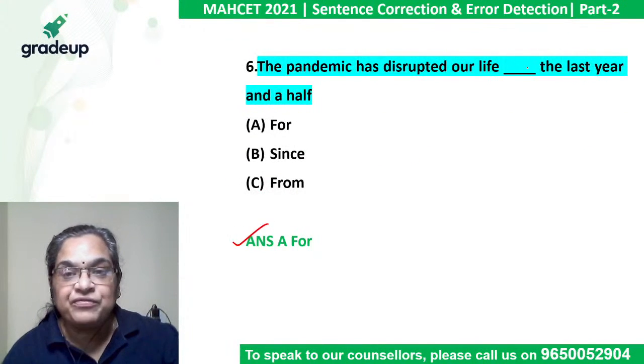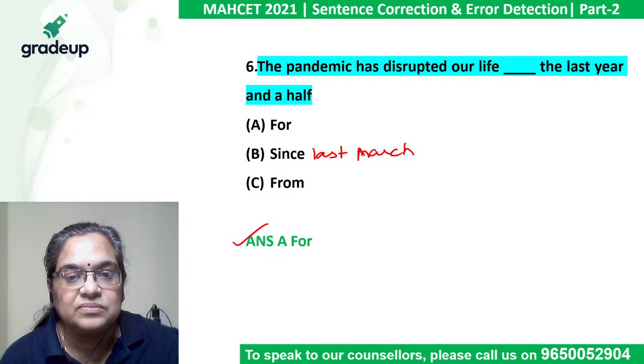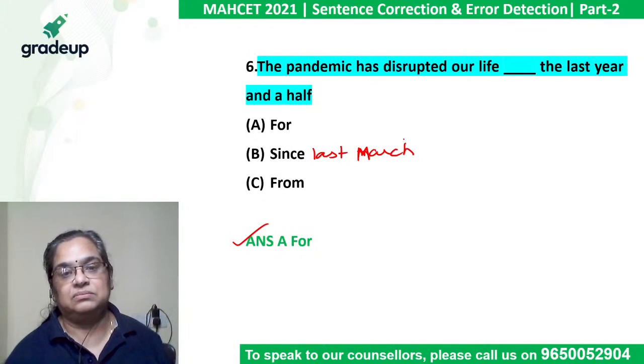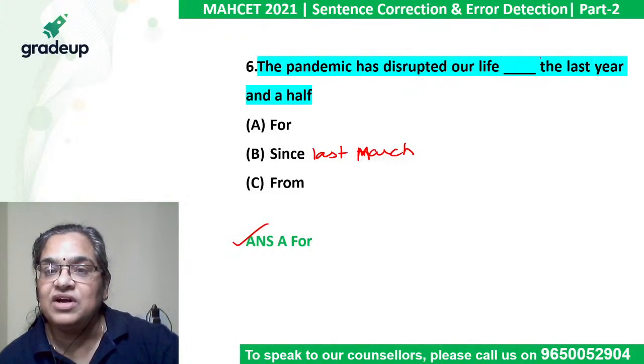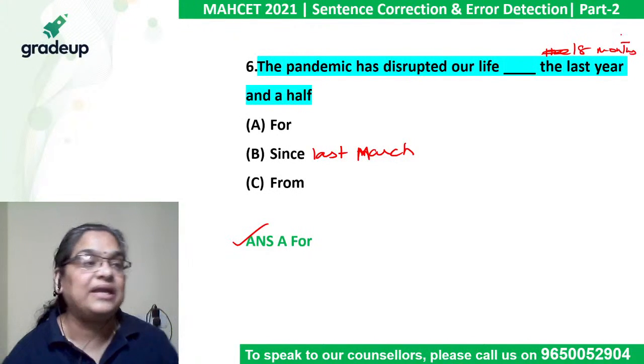For. If you want to say since last March, since March 2020, that is correct. But the moment you say year and a half, dash 18 months, 1 year, then it has to be for.